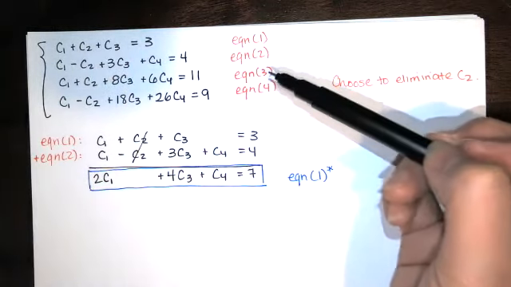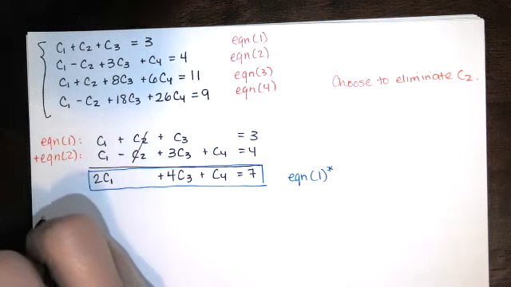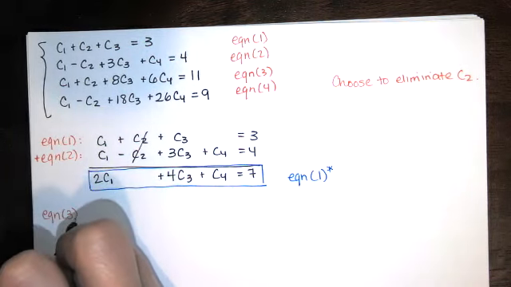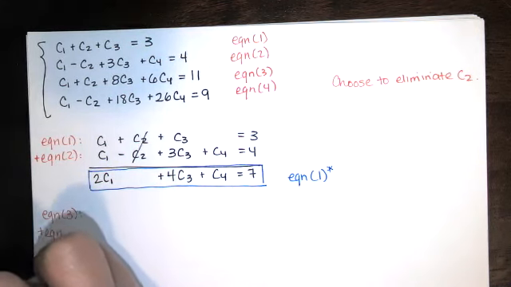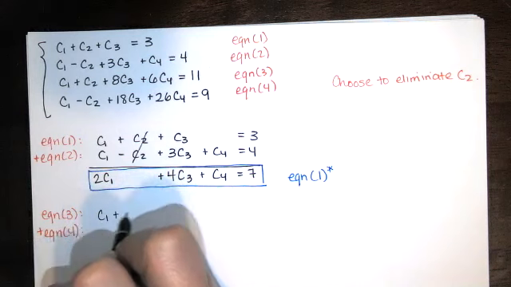Another way to get rid of C2 is to take equation 3 and equation 4 and add those together. So we've got this.